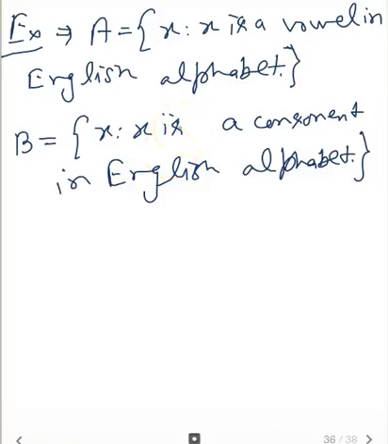You know that vowels and consonants are different, right? Vowels are A, E, I, O, U, and consonants are all those alphabets in English which are not vowels. So here we'll say that A and B both are disjoint sets.